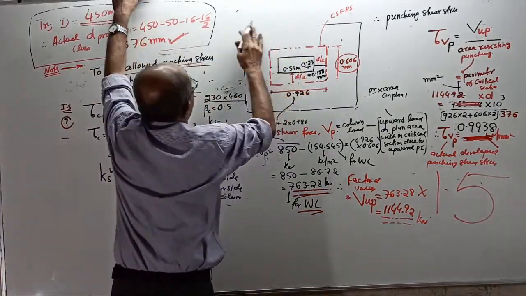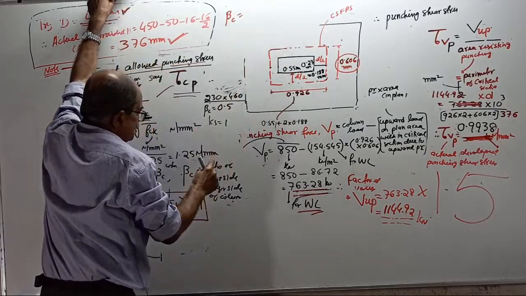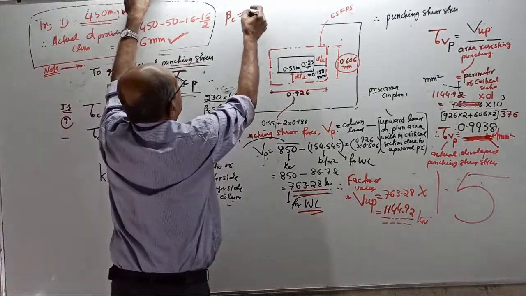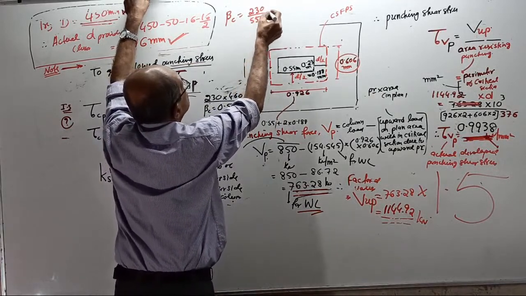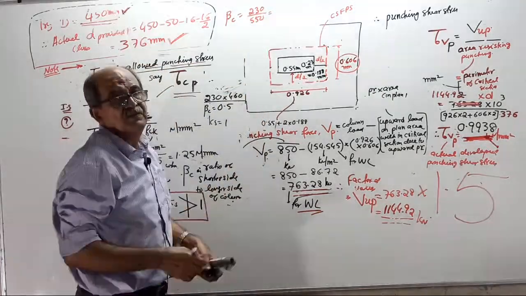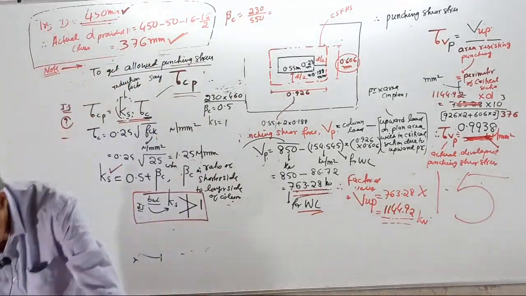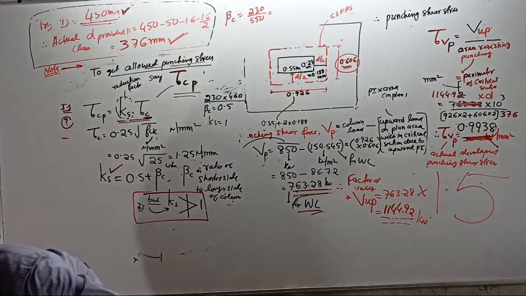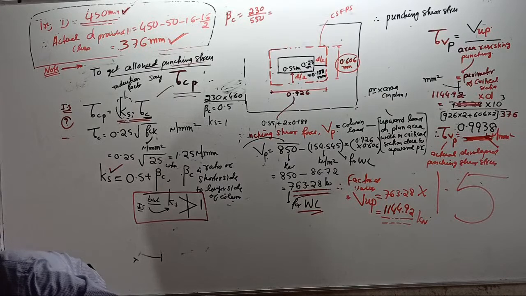Therefore, for our case, beta C equals shorter side to longer side, 230 divided by 550. What is beta C for our case?